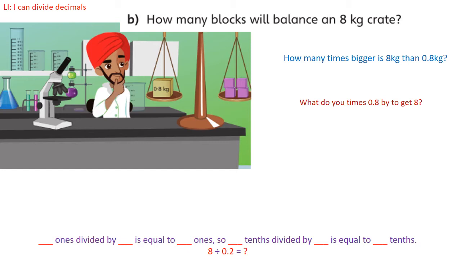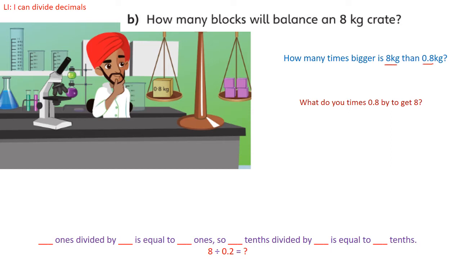Okay, let's look at the other part of this. How many blocks will balance an 8-kilogram crate? So the first thing we need to think about is how many times bigger is 8 than 0.8?